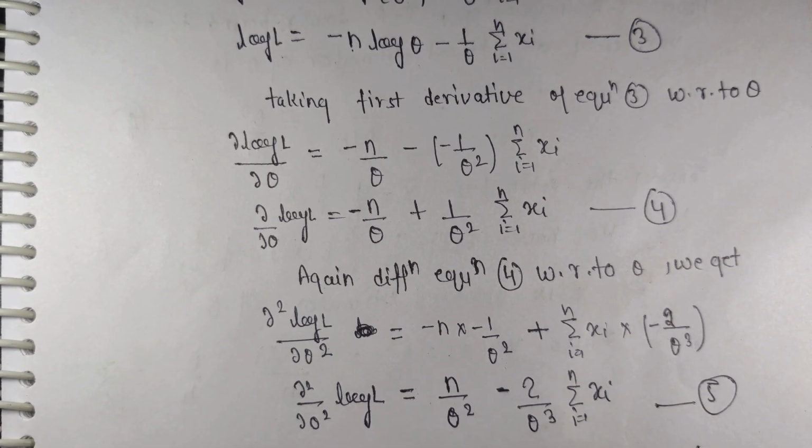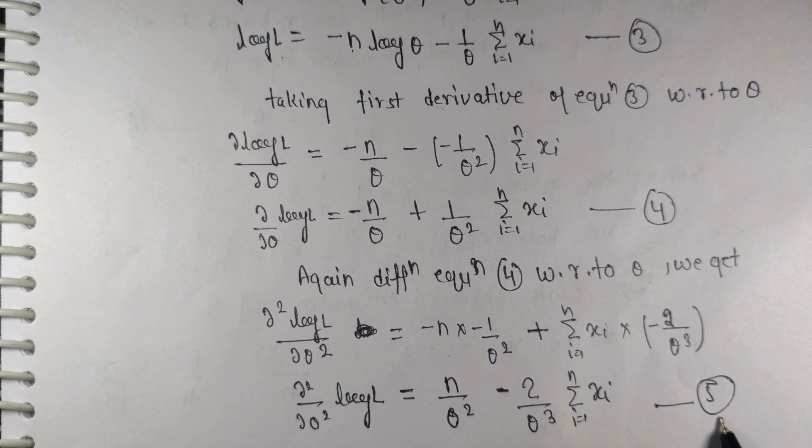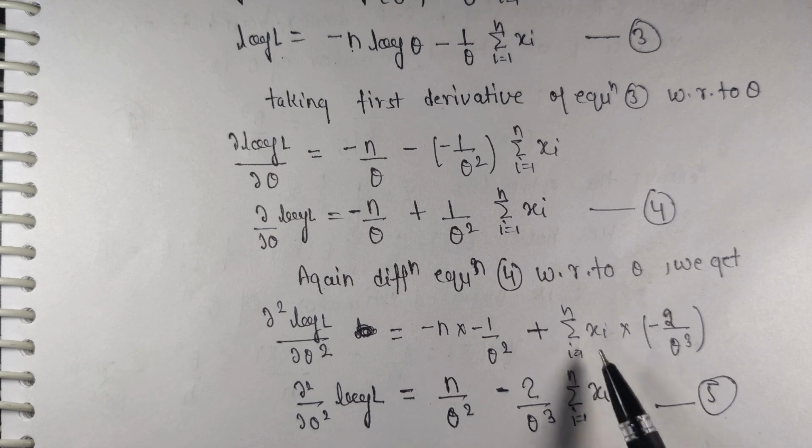The next step is to simply rewrite this expression as equation number 5. So del 2 log L by del theta square is equal to n upon theta square minus 2 upon theta cube into summation of xi. This is equation number 5.